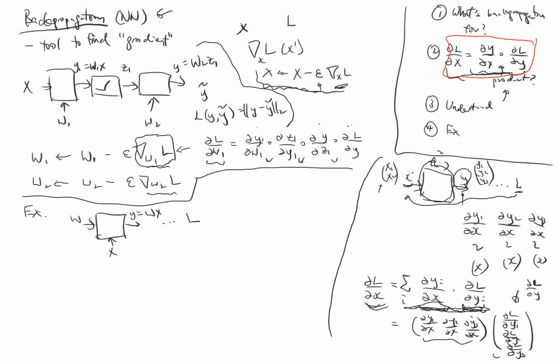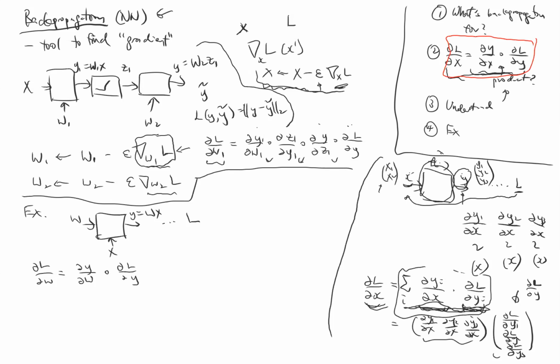Let's say I want to find the partial derivative of L with respect to W. It will be the partial derivative of y with respect to W times partial L, partial y, I'm sorry. Again, we should be very careful: this times really means this kind of product here.